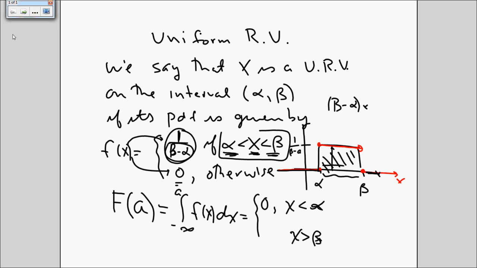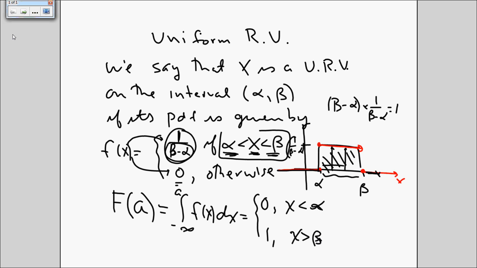The height is constant, always 1 over beta minus alpha, so you get 1.